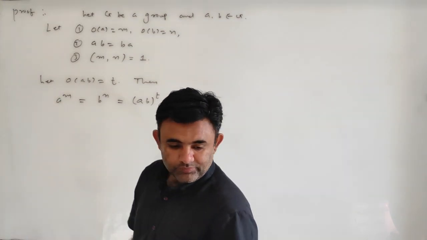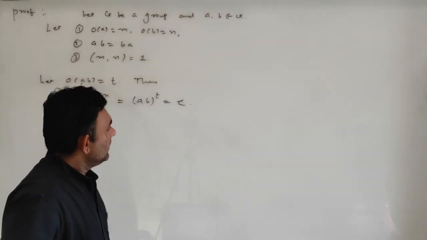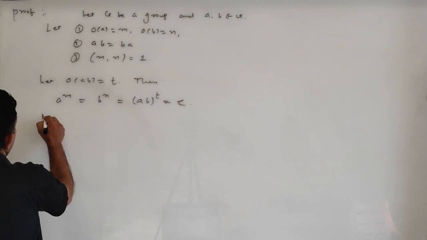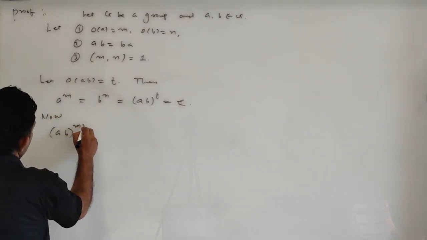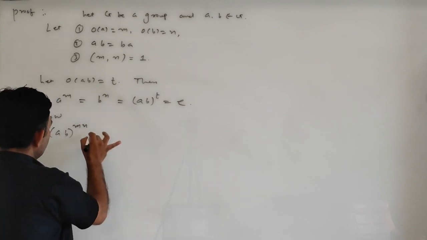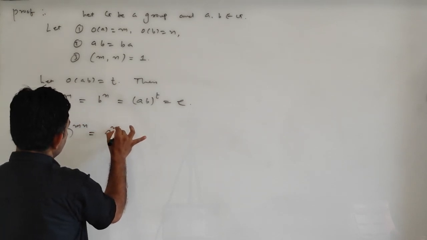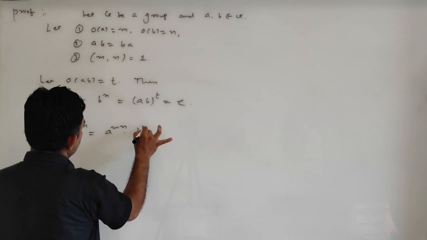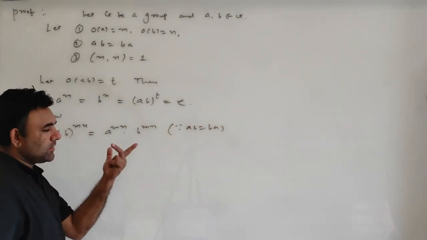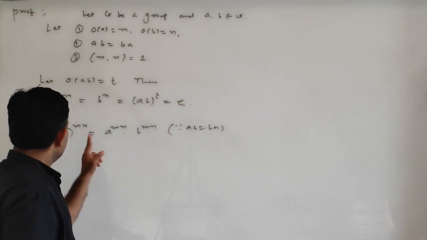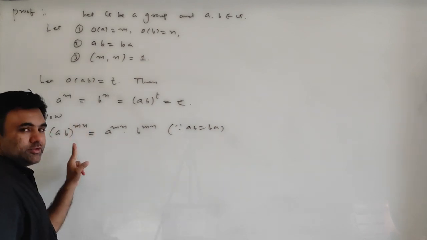Now you look at AB raised to mn power. What I have is A raised to mn into B raised to mn, because AB is equal to BA. If A and B commute, then I can distribute this power to individual A and B both.